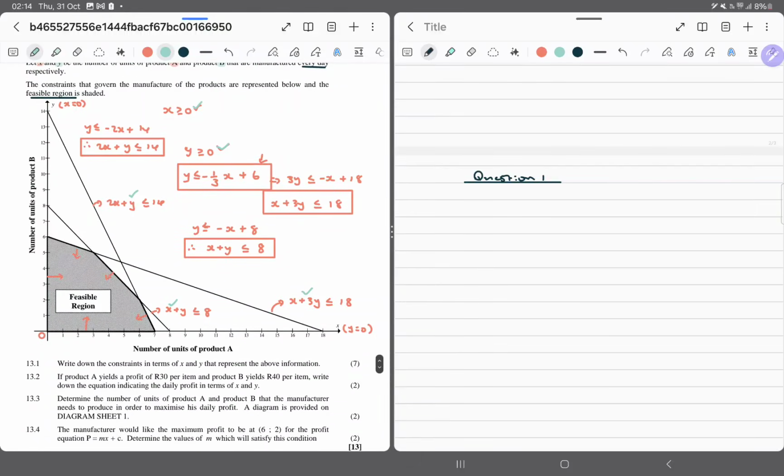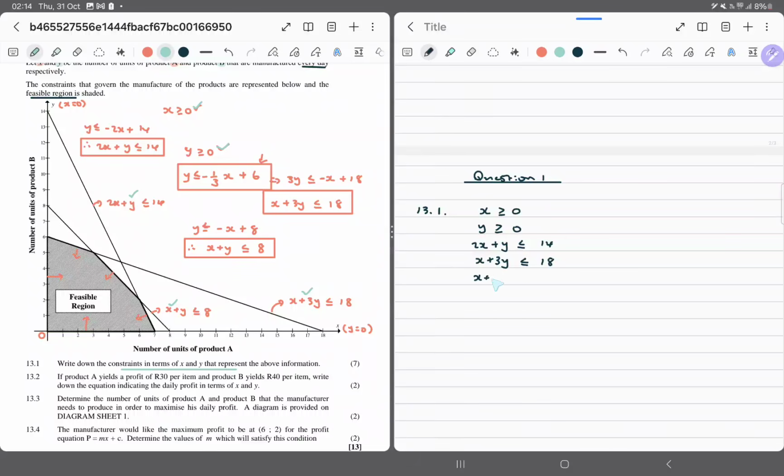Now let's just answer these questions within these remaining minutes quickly so that we can see if we can make it. Write down the constraints in terms of x and y that represent the above information. Can you see? We can write here x must be greater than or equal to 0, y must be greater than or equal to 0. We can say 2x plus y must be less than or equal to 14. We can say here x plus 3y must be less than or equal to 18.